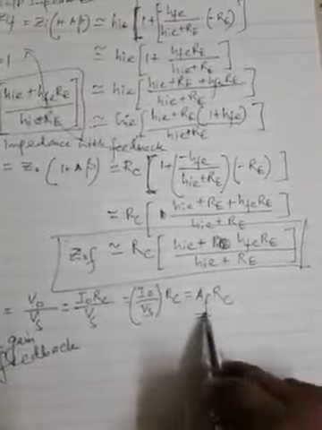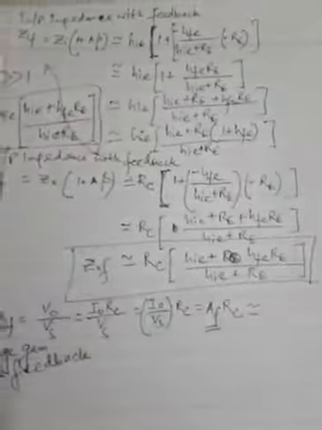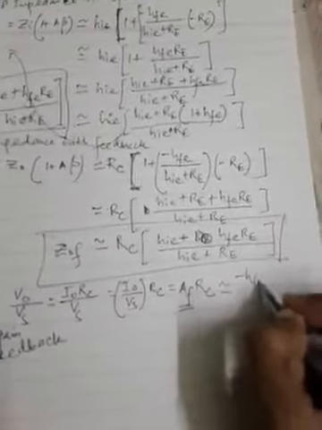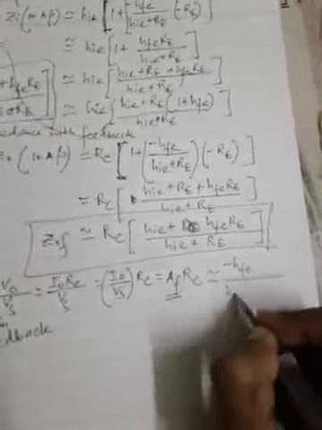So this AF is the gain of the transconductance amplifier or the gain with feedback for this particular amplifier, and that is multiplied by RC to get the voltage gain with feedback for this amplifier. And this can be approximately, if we substitute the value of the expression from AF, it was minus HFE divided by HIE plus HFE RE and multiplied by RC in the numerator. So this is the expression of voltage gain for this particular amplifier using current series feedback.